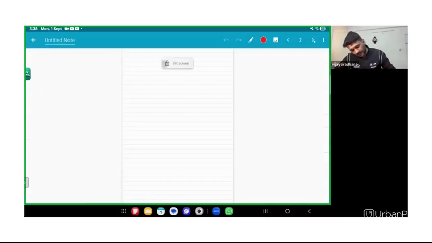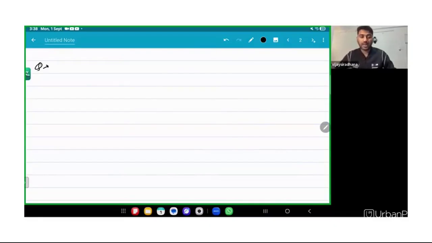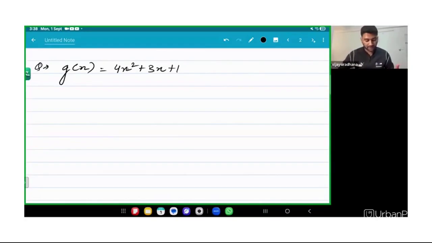Now let's solve one question. Suppose the polynomial is g of x equals 4x square plus 3x plus 1, and we should find the remainder of this g of x where p of x equals x minus 1.